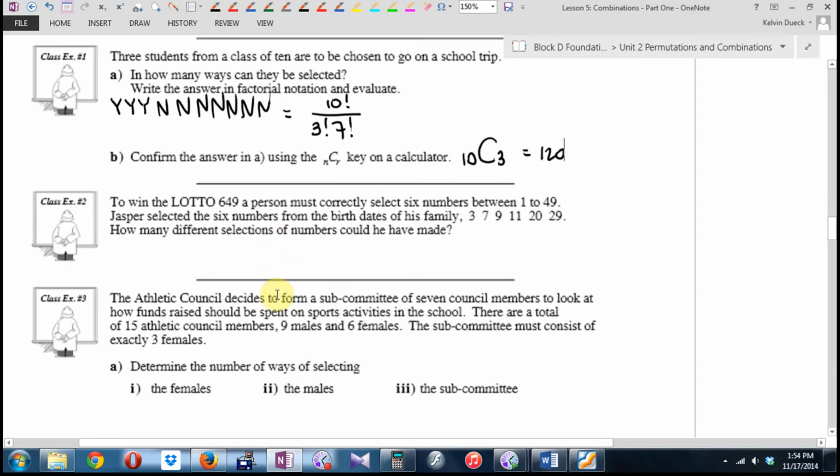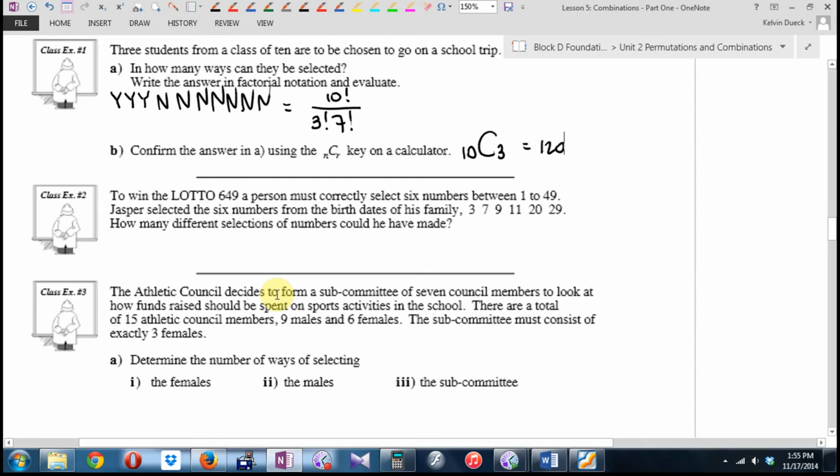So to win Lotto 649, a person must correctly select 6 numbers from 1 to 49. Jasper selected 6 numbers from there. How many different possibilities are there? How many numbers are there in Lotto 649? 49. Choose. To win the grand prize, how many do you have to pick? How many different possible combinations are there of 6 numbers?